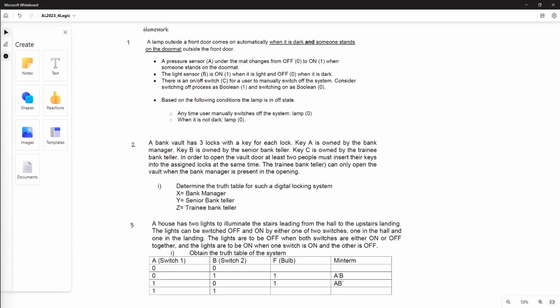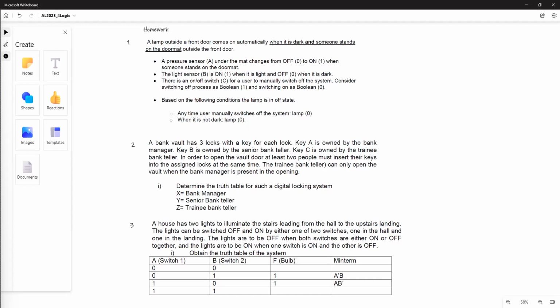A couple of homeworks. The first one, there's a lamp outside, and the lamp should work when it is dark and somebody actually comes towards the door. So first thing is you have to model this and draw the truth table.